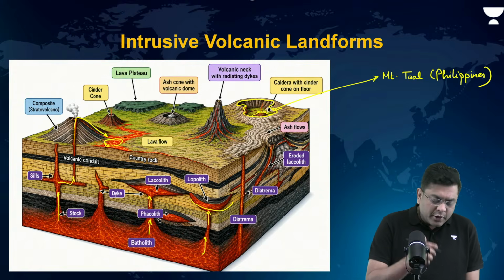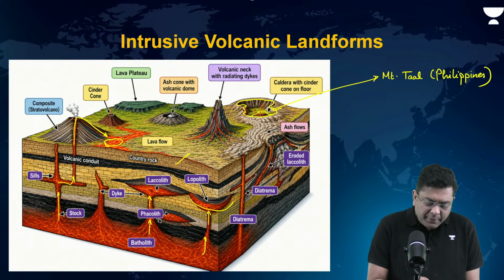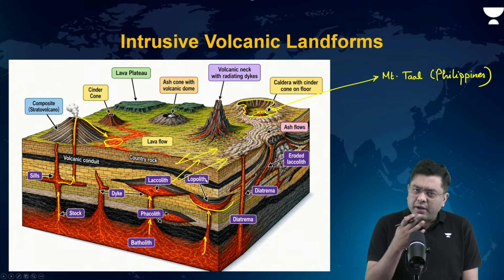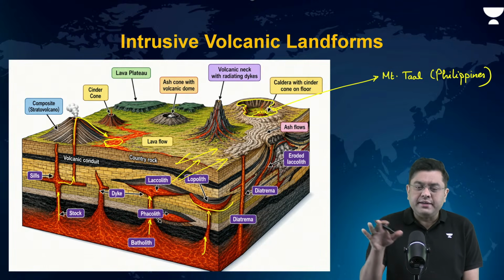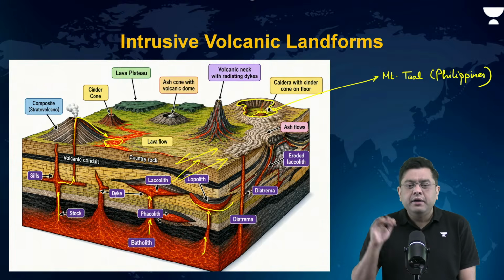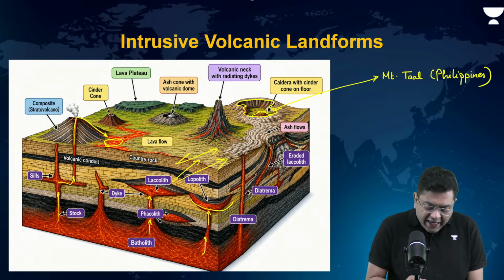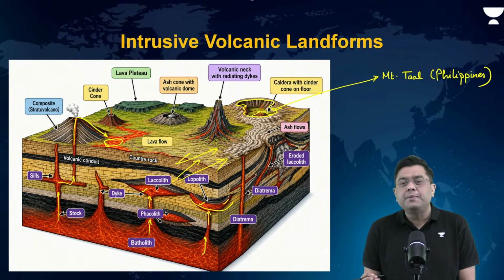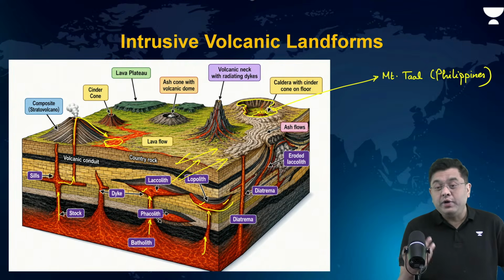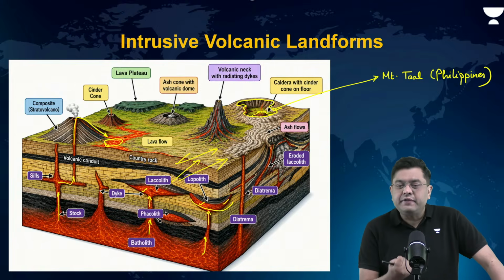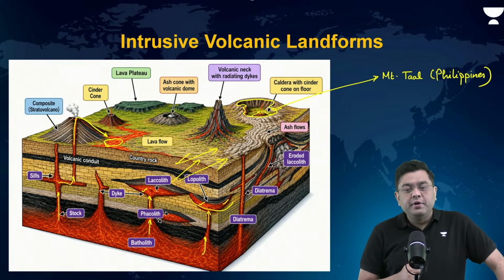Over a large period of time, all this will be eroded, weathered, and removed, right? The rivers, rainwater, everything will basically remove this. At that point of time, these portions will be exposed. Then we get to know that yes, these are the landforms which have been created.